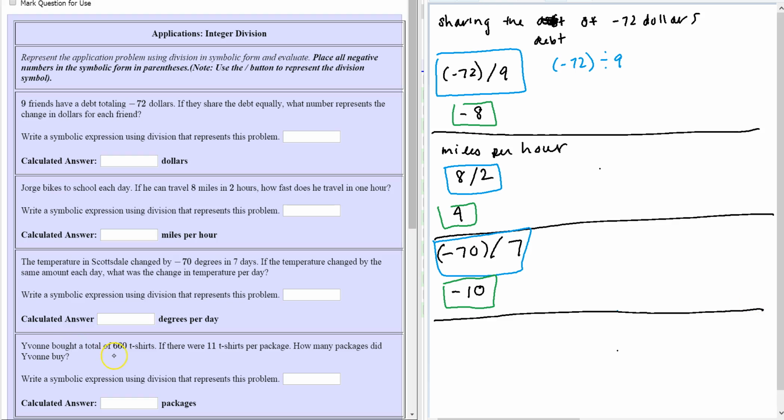Yvonne bought a total of 660 t-shirts. If there were 11 t-shirts per package, how many packages did Yvonne buy? In this case, we're dividing 660 by 11. We're seeing how many sets of 11 t-shirts are in 660. Both of these are positive, so this is our symbolic expression.